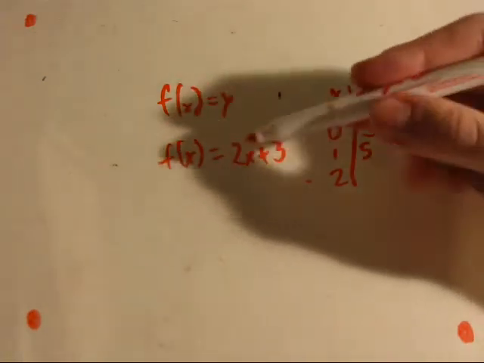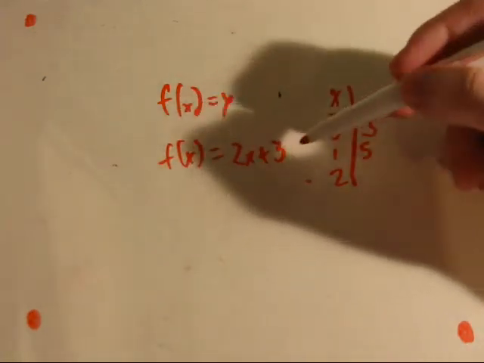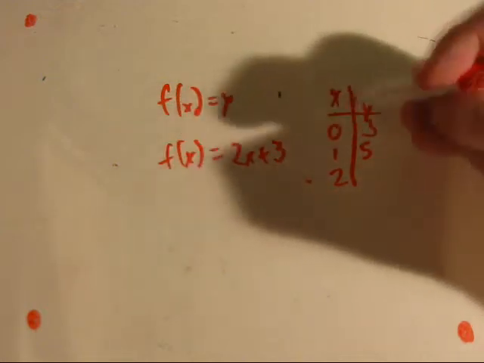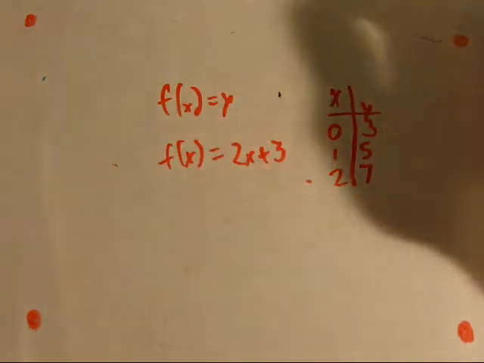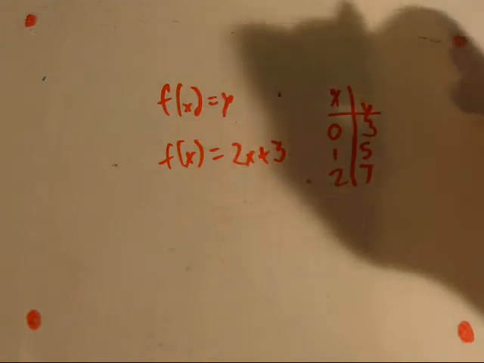And then f of 2, 2 times 2 plus 3, 4 plus 3, 7. That's all you have to know to do a function problem, until you get to the quadratic functions.